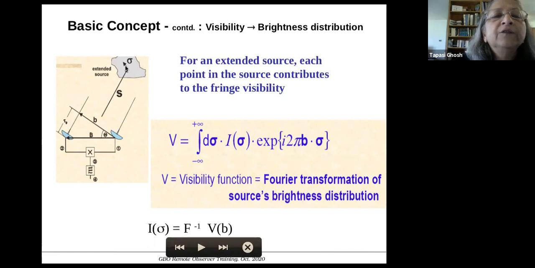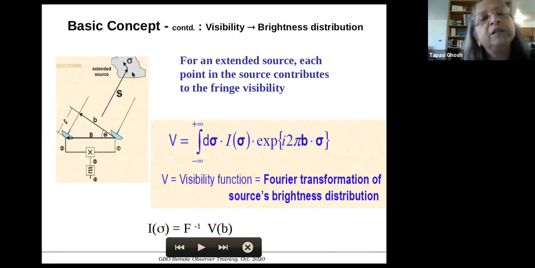Relative to that, any other ray you can imagine will have a different angle, and hence an added extra path, and hence an added phase value to the two rays that will then make the visibility function.